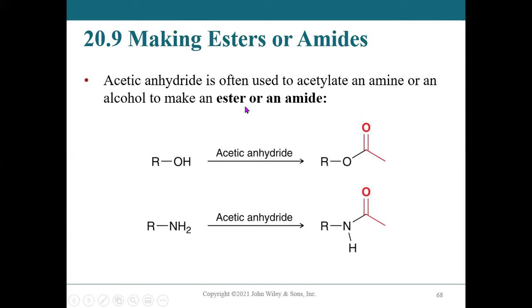Acid anhydride is often used to acetylate an amine or an alcohol to make an ester or an amide. Acetylate means you are adding this part onto those compounds. We can take acetic anhydride reacting with alcohol to produce ester, or acetic anhydride reacting with amine to produce amide.